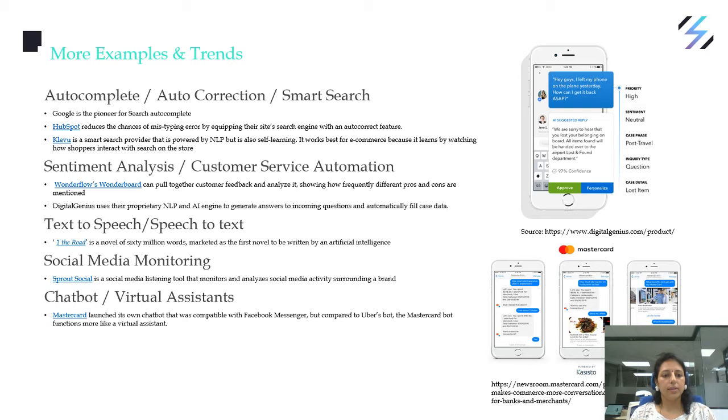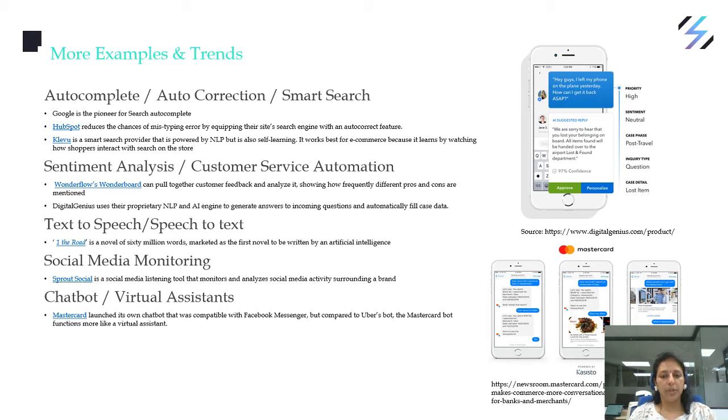The pioneer in autocomplete would be Google, who are far more advanced these days compared to the initial period. And we have smart search providers like Klevu, who are doing self-learning in the e-commerce industry. By watching how shoppers interact with the search on the store, they keep upgrading their program to give relevant results based on machine learning algorithms.